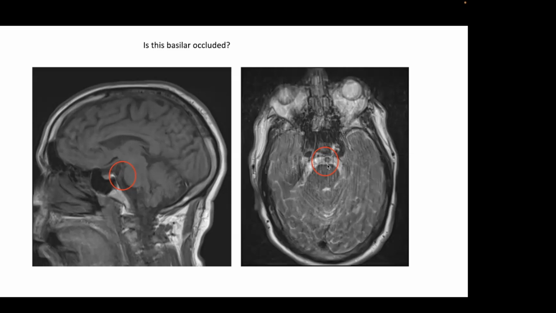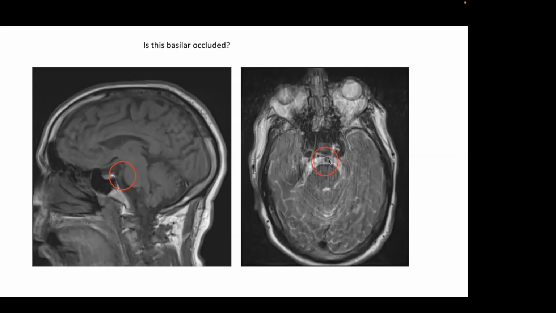So this is one of the difficulties with MR imaging, as I mentioned in a previous lecture, in the early phases of blood clots, they have short T2 relaxation time. So what you can see is this low signal intensity that resembles flow, but is in fact the T2 shortening arising from the fresh thrombus.